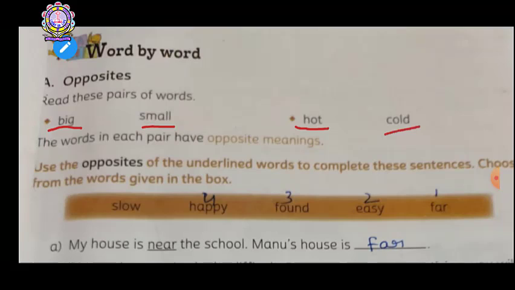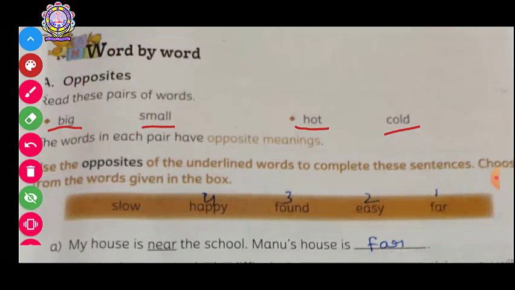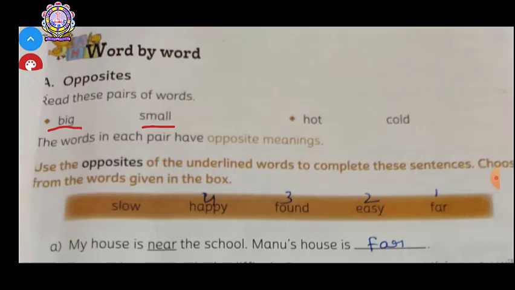So you can see hot means something that is very warm, not warm but hot. And cold means something which is very cool.